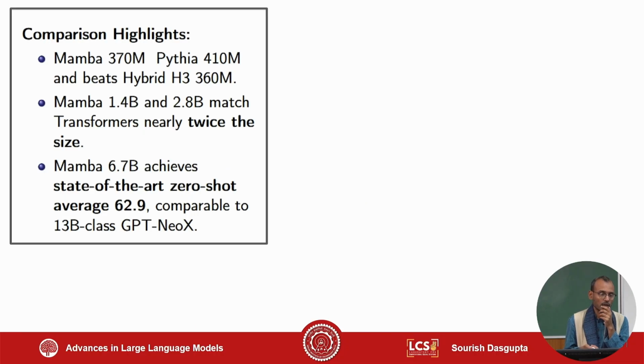The key highlight was that Mamba 370 million beats Pythia 410 million and Hybrid H3 360 million. Mamba 1.4 billion and 2.8 billion match transformers nearly twice their size. These are accuracy results. And Mamba 6.7 billion achieves a state-of-the-art zero-shot average, comparable to 13 billion GPT-NeoX. So a much smaller model is closing in on transformer-based models almost double the size.